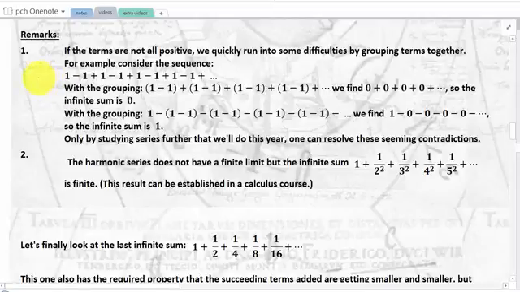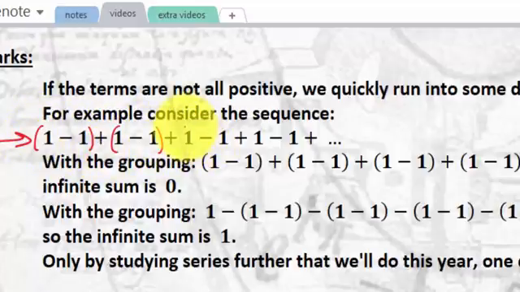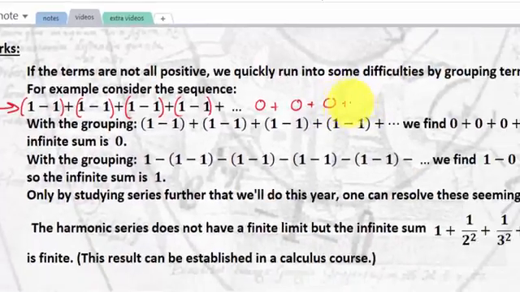Check out this series right here. 1 minus 1 plus 1 minus 1 plus 1 minus 1, right? If you group terms like this, what are you getting? 1 minus 1 is 0 plus 0 plus 0 plus, well, if you add an infinite number of 0, you're going to find zeros, right?